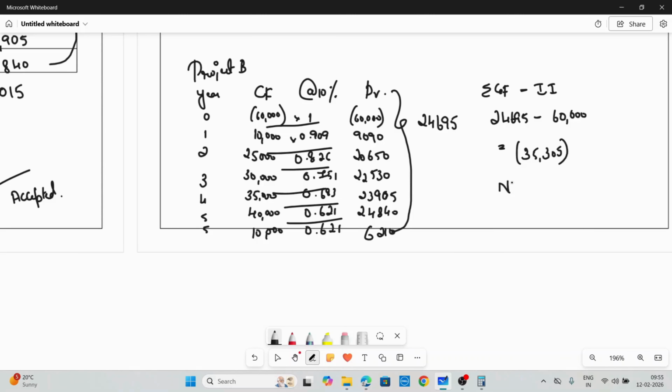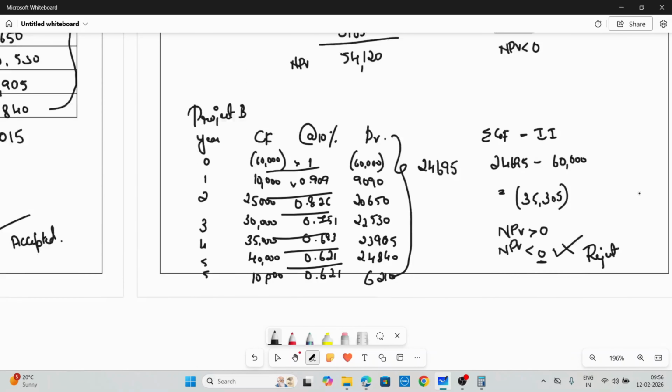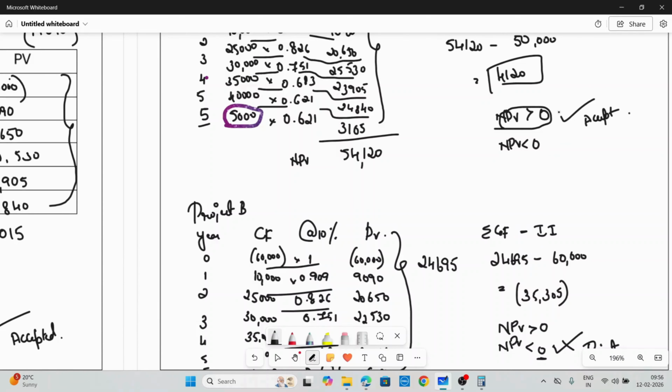Does this answer satisfy the condition of NPV greater than 0 or NPV lesser than 0? It satisfies the second condition. So NPV is less than 0. This 0 is in positive figure, but the answer is in negative figure. So NPV is smaller than 0. So we reject this. So we accept project A but reject project B.